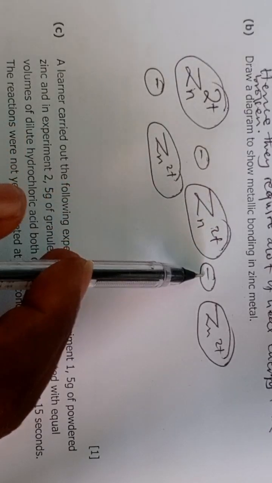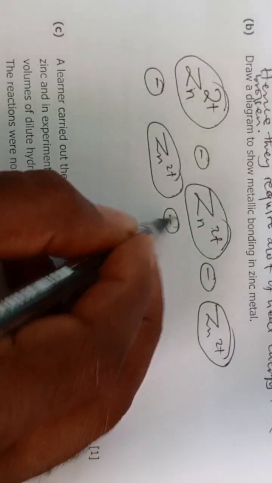So positive charge, negative charge, positive charge, negative charge. That's a system that you need to uphold.